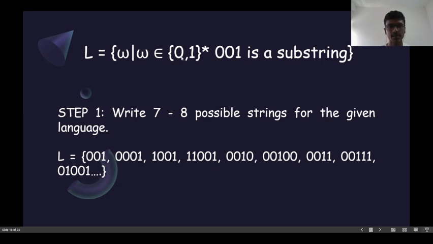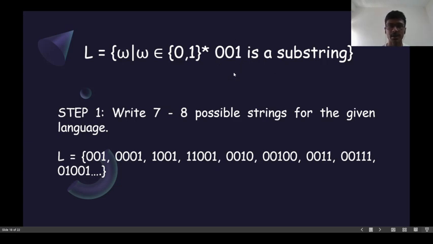Next, we can add zeros or ones or both zeros and ones to the substring. Remember one thing: we can add zeros or ones before the substring or after the substring, but we cannot add between them. For example, if we add 1 between them, it will come like 0101, and then 001 will not be there in that string.